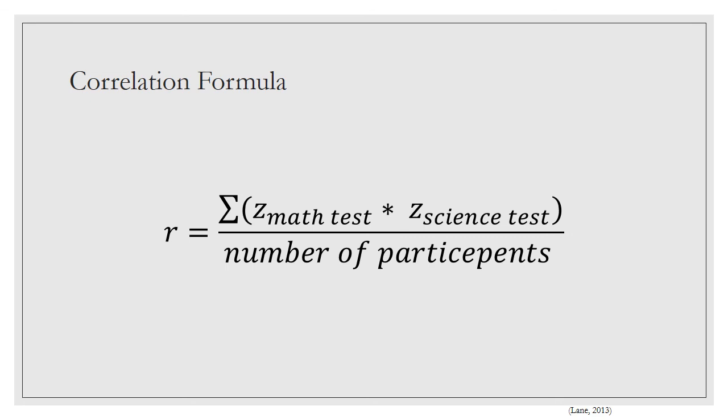Then I do the same thing for person 2, person 3, all the way through all 10 people. I add those products together and divide by the number of participants, and that gives me my correlation coefficient. So it's relatively straightforward. We multiply two z's together for everybody and divide by the number of people, and we get our correlation formula. That's a lot easier than some of the algebraic equivalents.